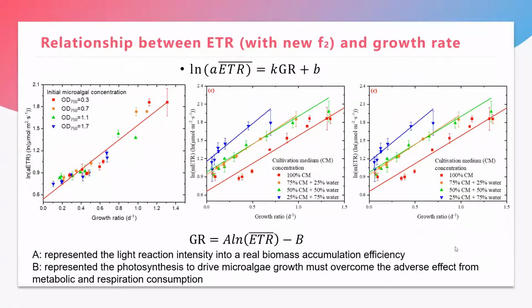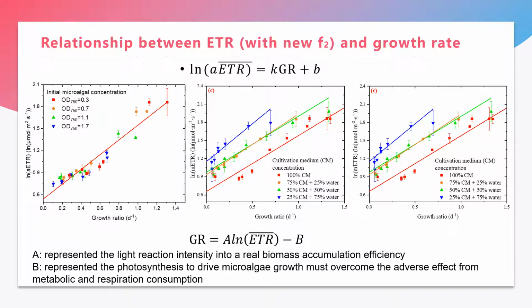However, what is the accurate relationship between modified ETR with new F2 and the microalgal growth rate? This research demonstrated that there existed a linear relationship between a modified ETR and microalgal growth rate in 1 cubic centimeter cube.